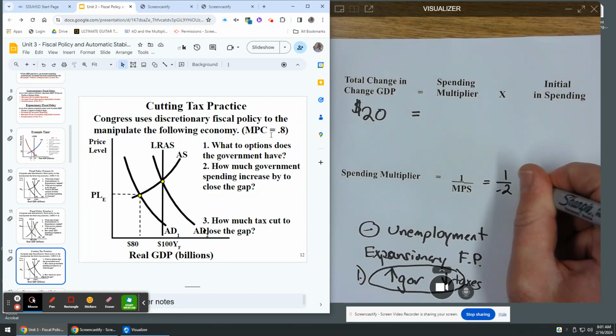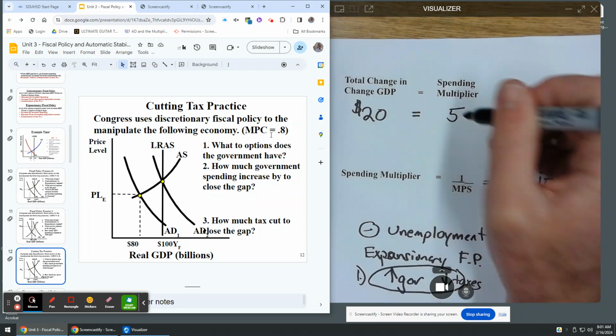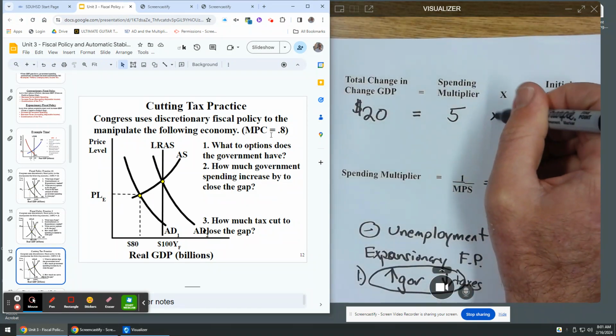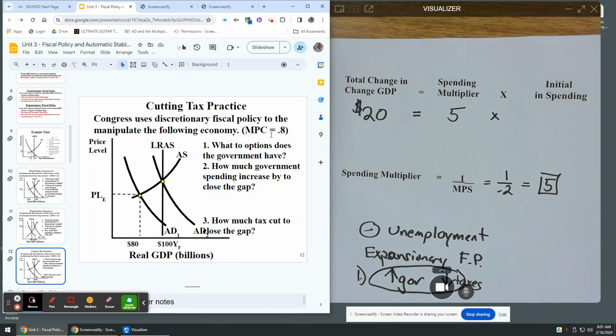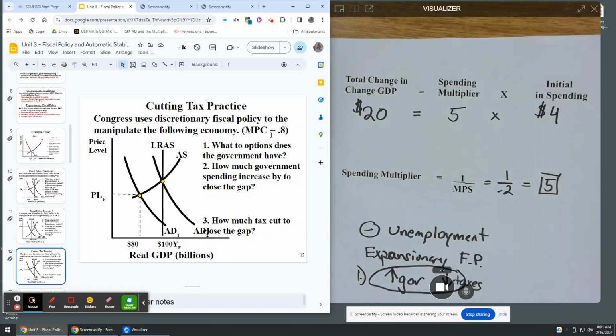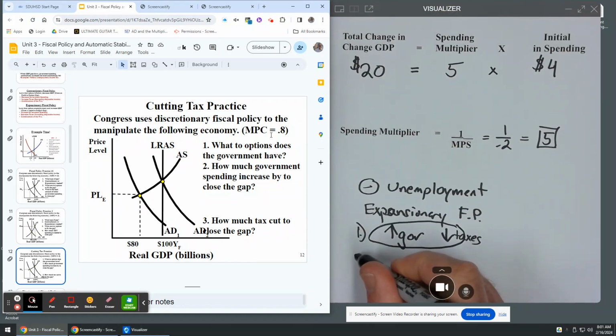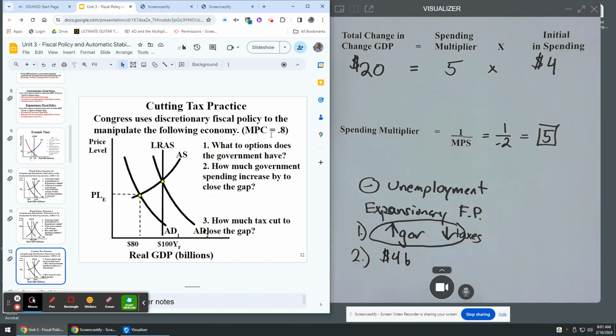If my MPS is 0.2, my spending multiplier is going to be 5. So in this case, I'm going to put my spending multiplier right here. What's going to be my initial change in spending? That's going to have to be $4 billion. So to address question number 2, $4 billion.